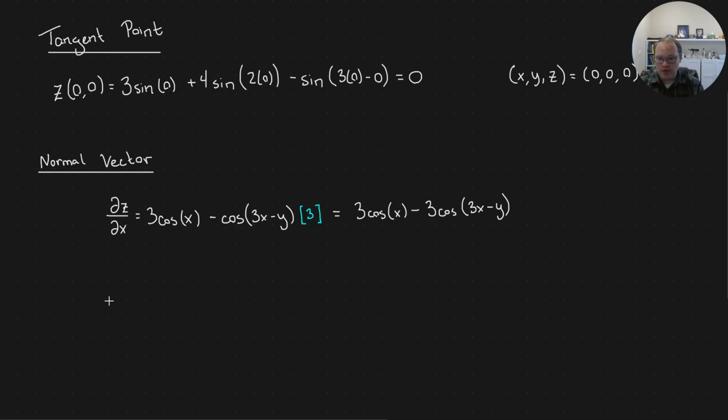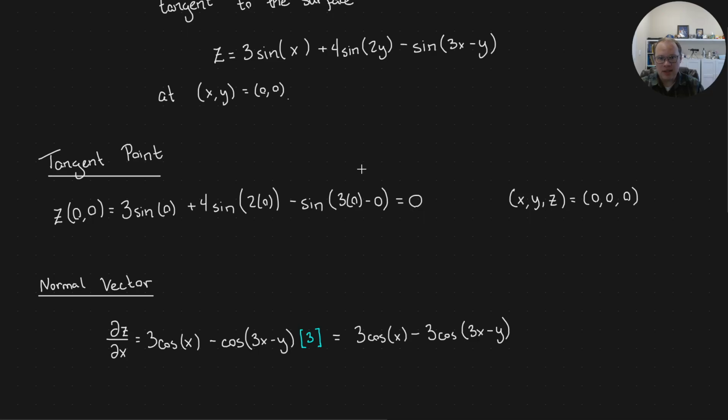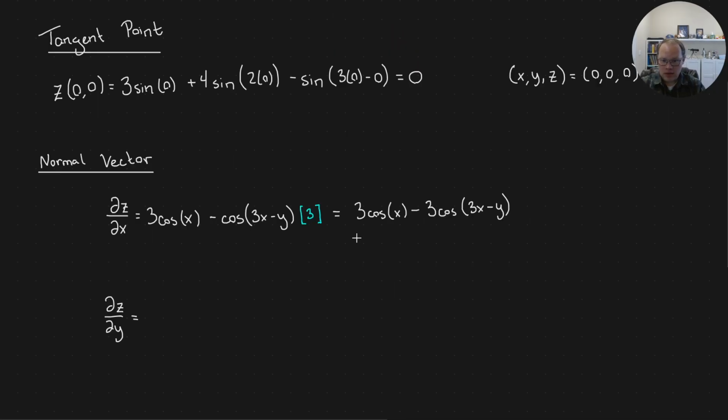Let's take the partial derivative of z now with respect to y. Let me scroll up so we can see it. Since I'm taking the derivative with respect to y, I'm treating x as a constant, which means 3 sine of x is a constant, derivative is 0. Derivative of 4 sine of 2y is going to be 4 cosine of 2y times the derivative of the inside, which is just 2.